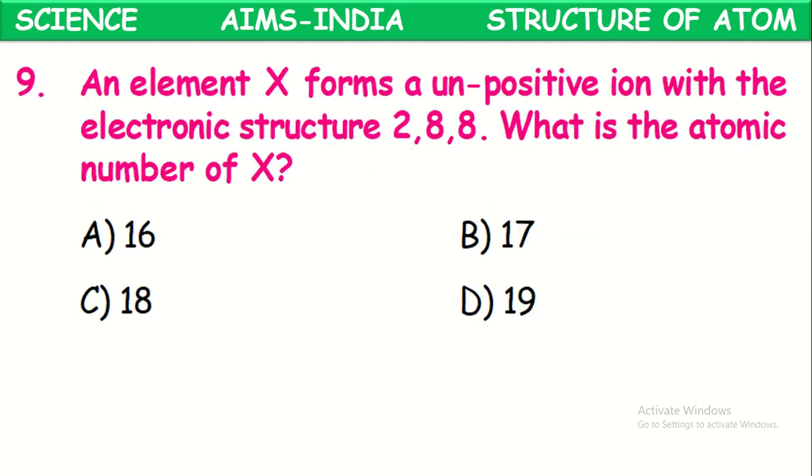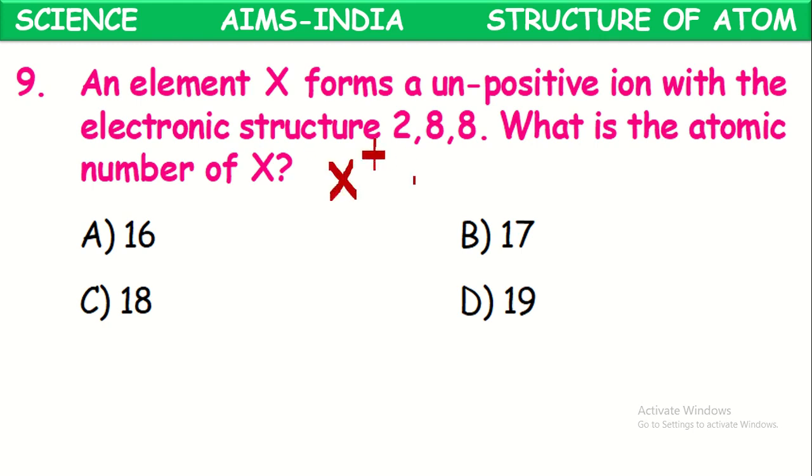Next, an element X forms a unipositive ion with electronic structure 2, 8, 8. What is the atomic number of X? So they have given the electronic configuration of the unipositive ion of X, that is X plus.